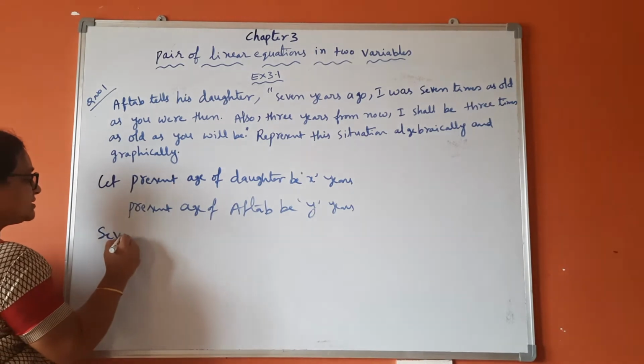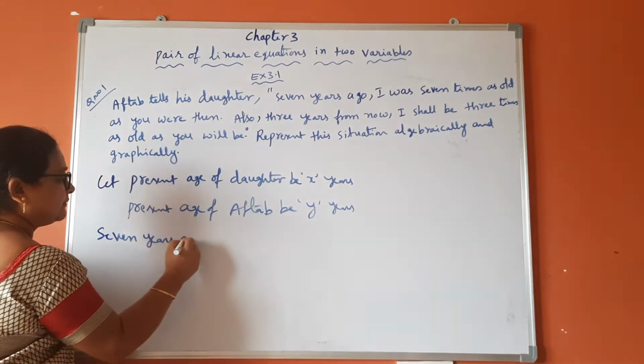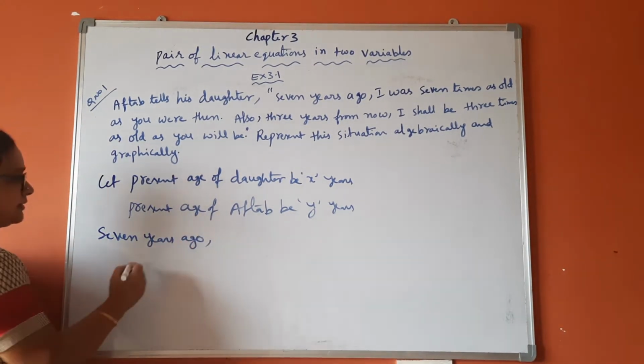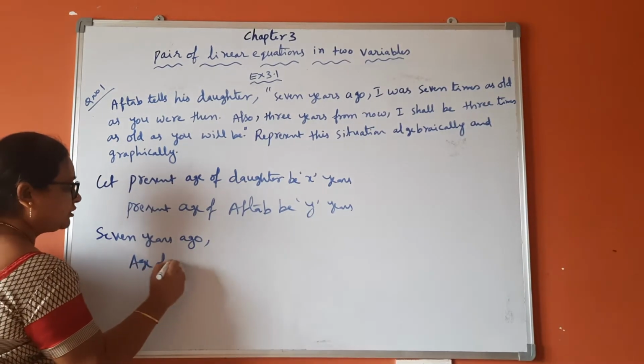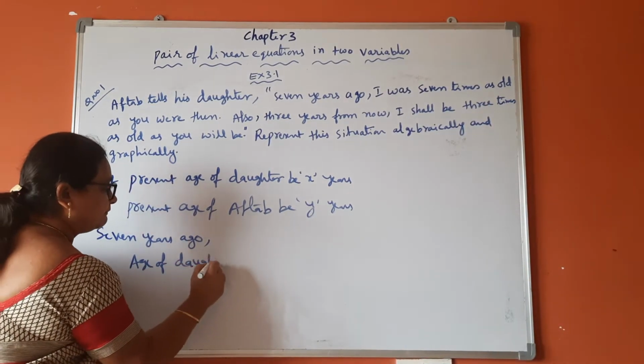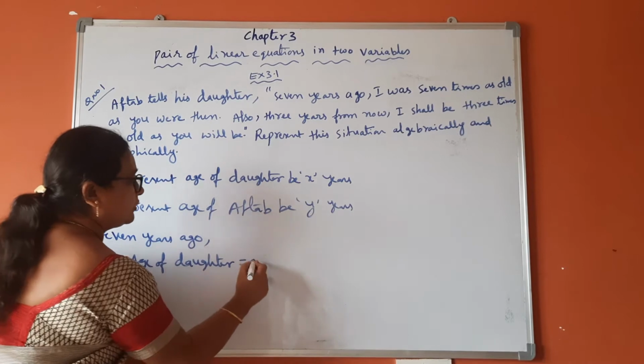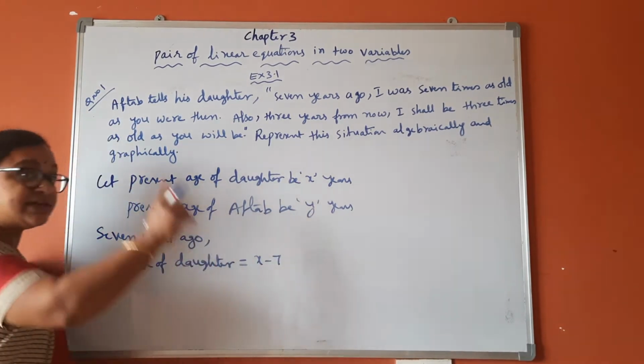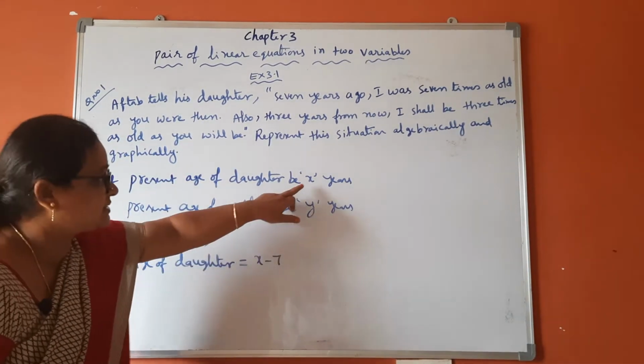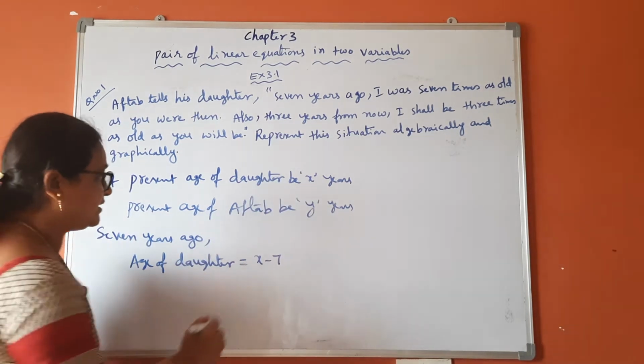So 7 years ago, age of daughter is equal to x minus 7. 7 years ago, so present age is x, so x minus 7 years.